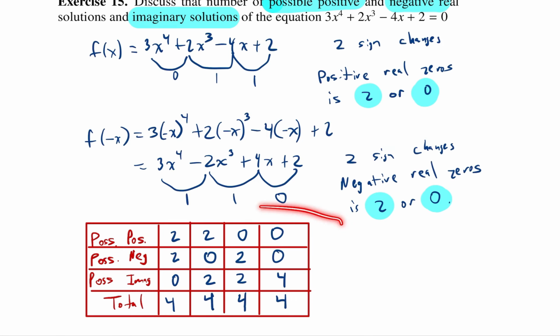So this is the way I would recommend that you organize your final answer. So the number of possible positive zeros are 2, 2, or 0. Negative would be 2, 0, 2, 0. And imaginary 0, 2, 2, 4. All right.